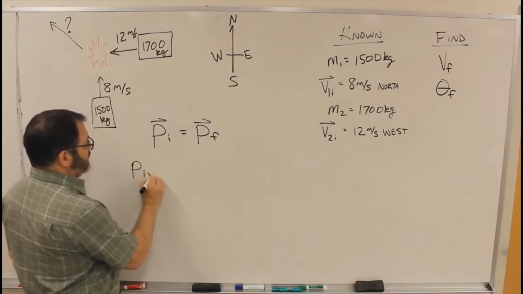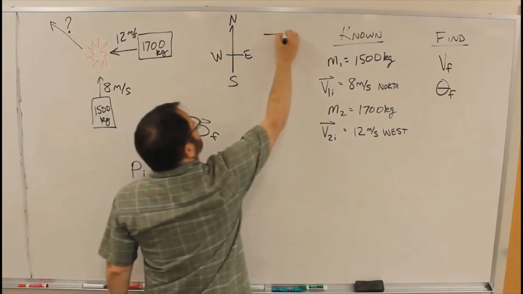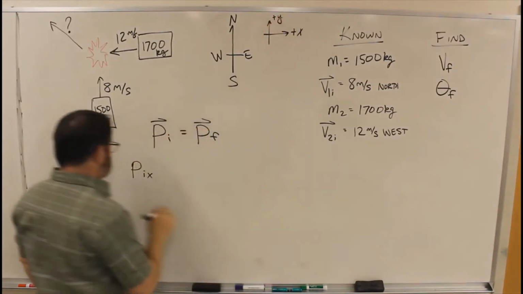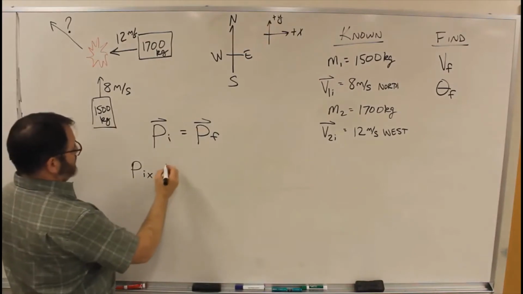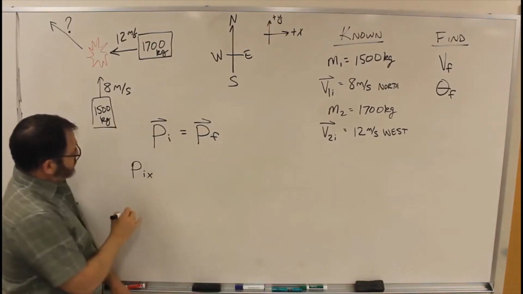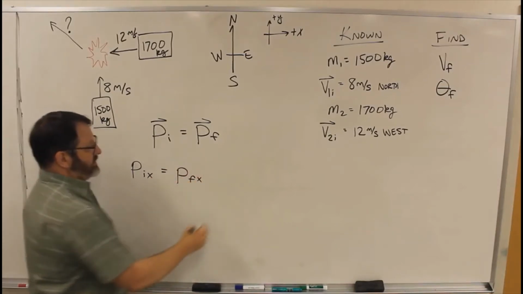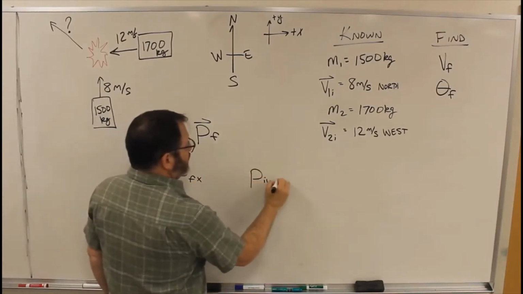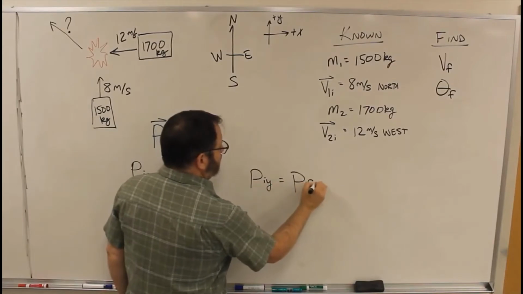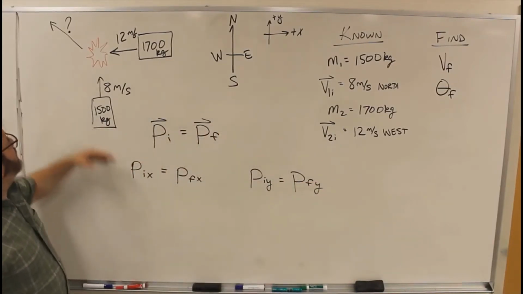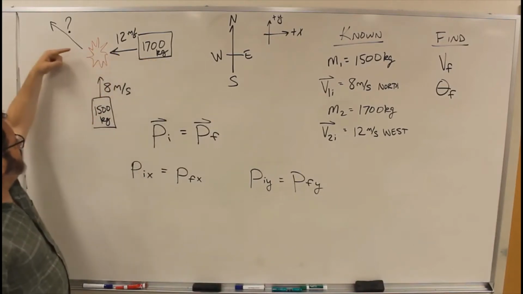So P initial in the x direction, if I call this plus x plus y, so P initial in the x direction is P final in the x direction, and P initial in the y direction is P final in the y direction. So P initial in the x direction, that would be this way.